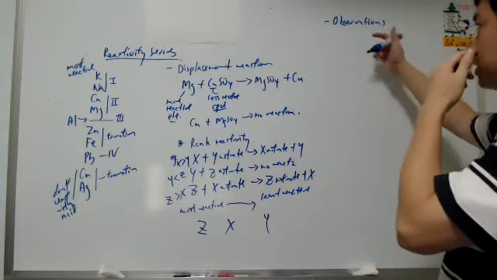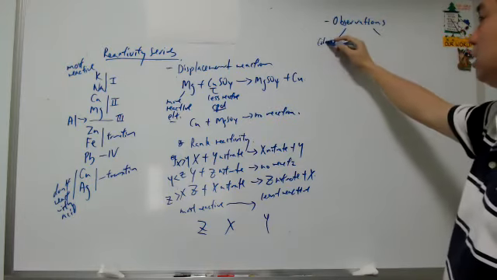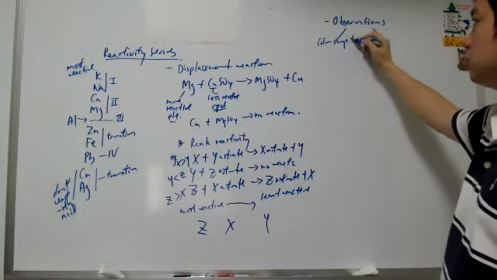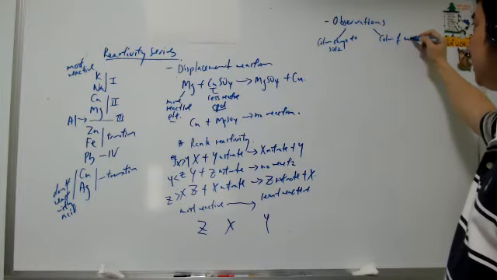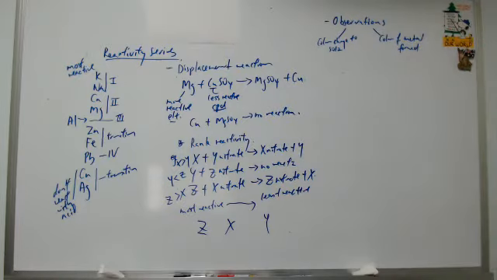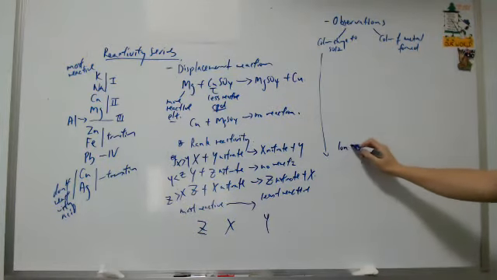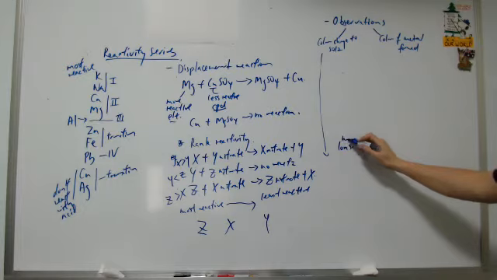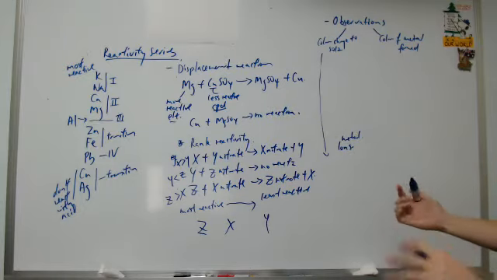So observation for displacement reaction, mainly there are two. One is the color change of the solution. The other one is the color of the metal that's formed or displaced. For the color of solution, the key thing is to know the ions' color. For metal ions, in the reactivity series, very easy to remember, only a few are colored.